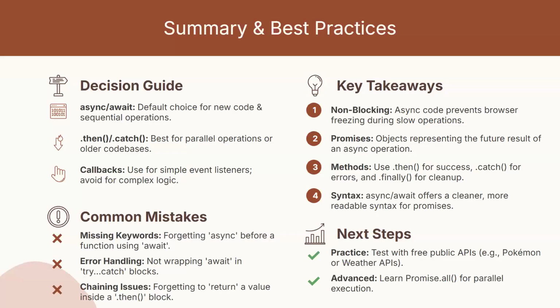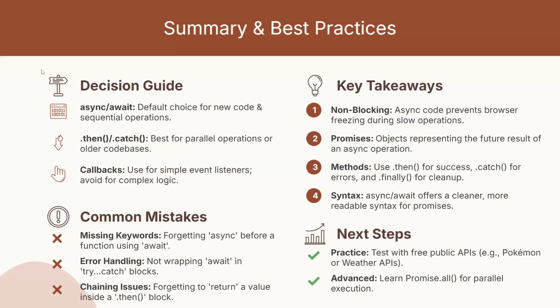Some key takeaways here: JavaScript's async behavior keeps apps non-blocking and responsive. Promises are objects that represent future values, and they simplify the async flow. For the methods, you should use then for success, catch for errors, and finally for cleanup. And async await always provides a cleaner, more readable syntax for promises.